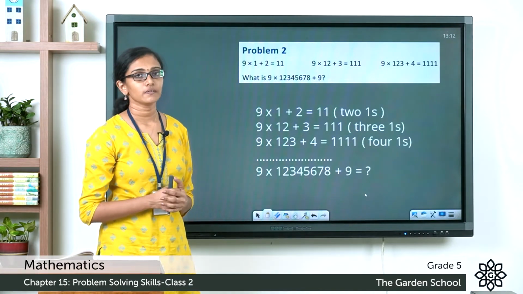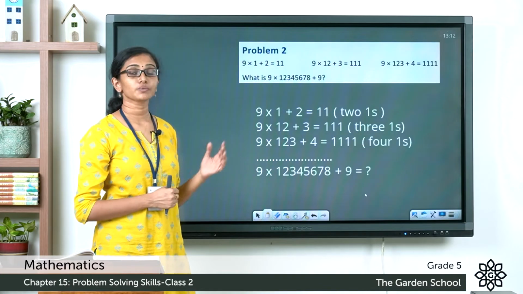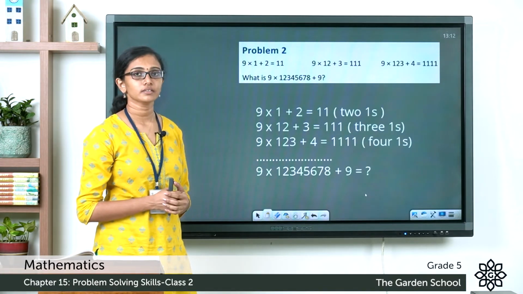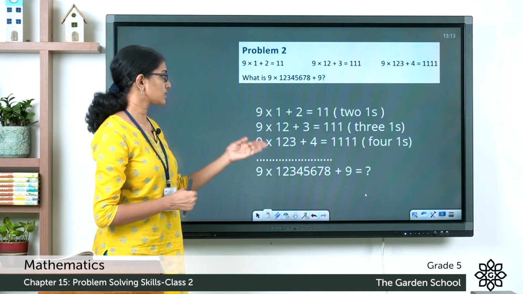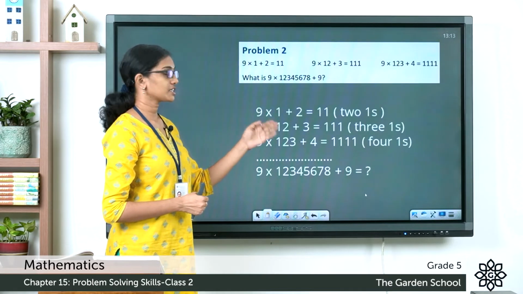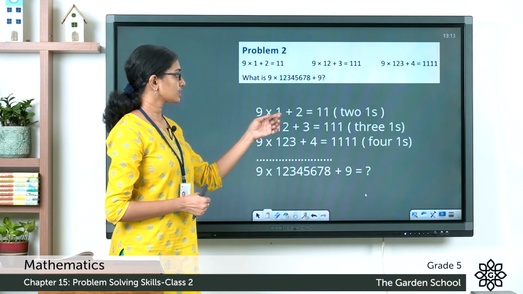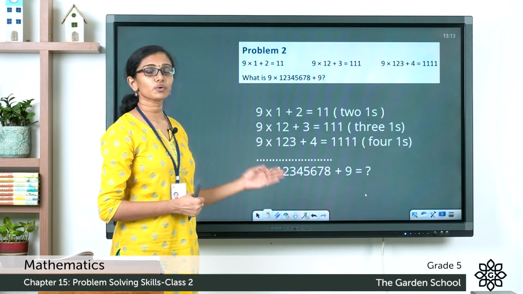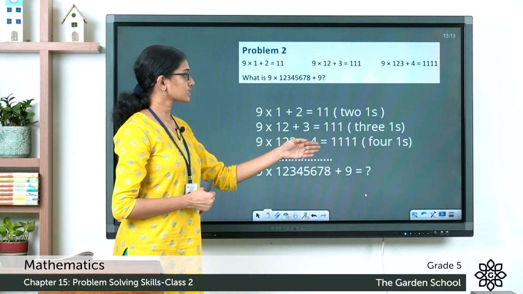So when you observe the data that you are given, are you able to identify a pattern? See, the first number in this operation remains the same. It is 9. And then it is multiplied with, see, here it is 1, here it becomes 12, here it becomes 123, and it proceeds like that. And what about the next number?